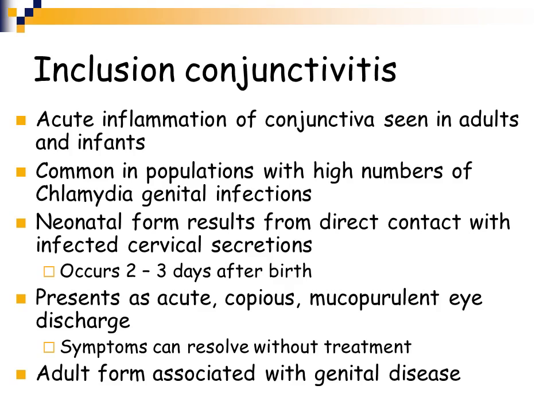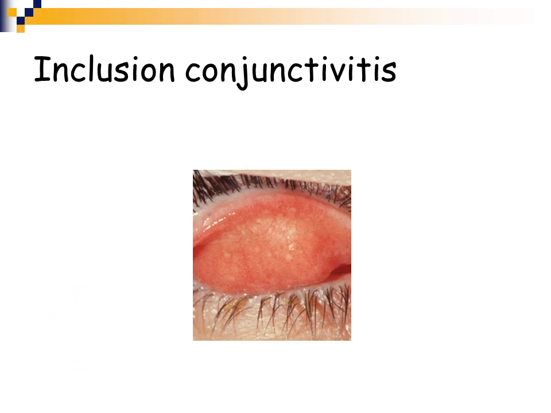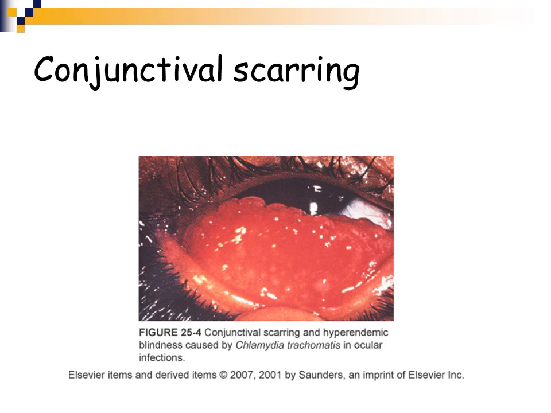There is an adult form that is associated with genital disease. So adults can get this acute conjunctivitis if they also have genital disease. So here is an eyelid that is flipped over showing the inclusion conjunctivitis, very inflammatory, pussy, oozy type of infection. And this is the conjunctival scarring that can lead to blindness that is caused by Chlamydia trachomatis.